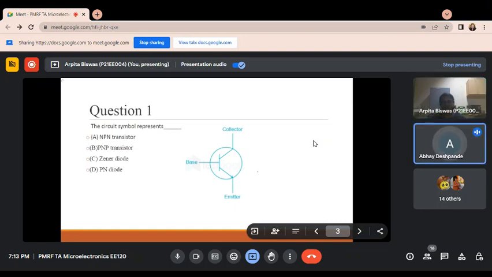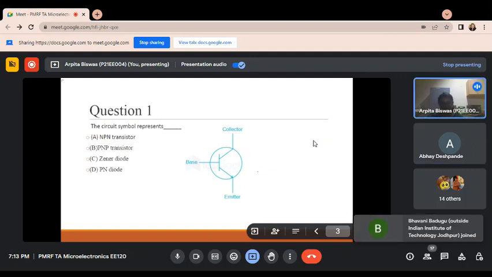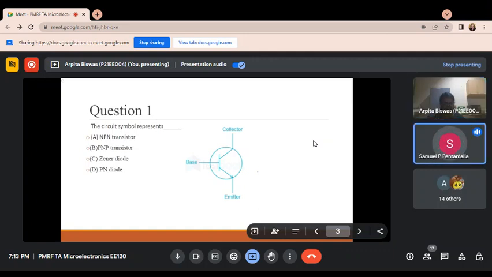Sorry, ma'am. I joined just now. Yes, this is the first question. Here is a symbol you can see now. So what type of symbol is it? Like, the circuit symbol represents what type of transistor? At least try. NPN transistor. Okay, NPN transistor.